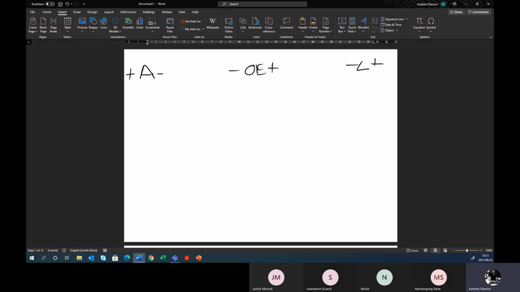Okay, I don't have my Blackboard open, I'll show you. But anyway, you have your assets, your liabilities, and your owner's equity. Under your owner's equity, you have capital contribution, incomes, drawings, and expenses. Okay.